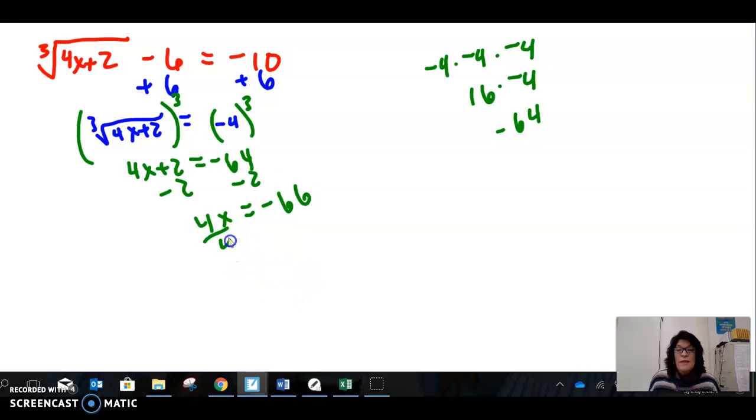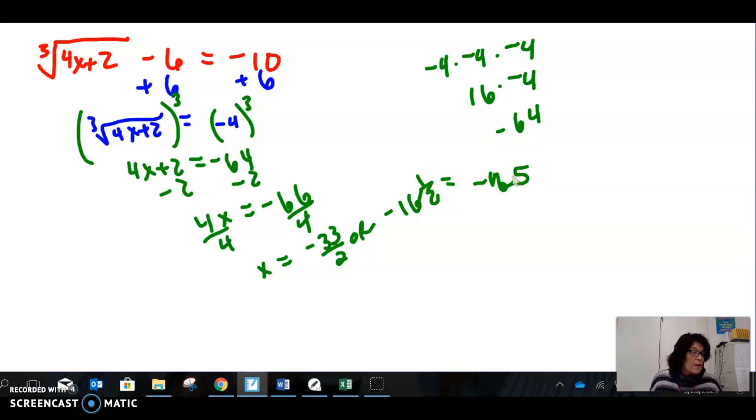To get my final answer, I would divide by 4, and that's going to be negative 33 over 2. You might want to write that as negative 16 and a half. If you did it in your calculator, maybe you got negative 16.5. Any of those are fine with me. I'm not going to be picky about it.